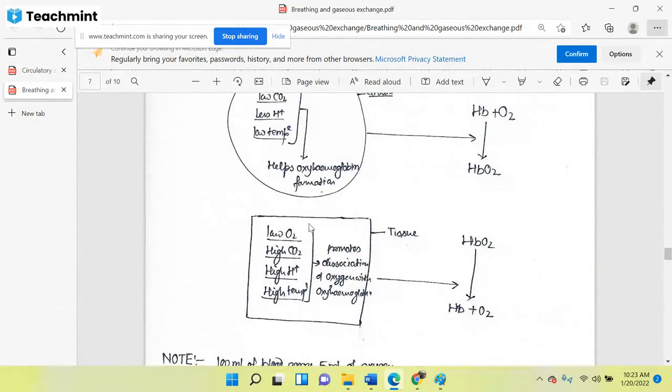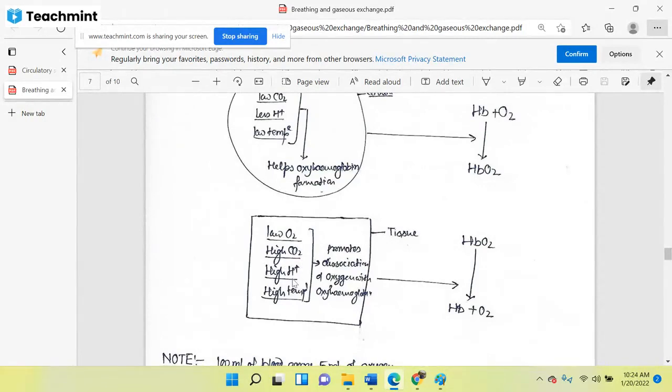So whatever oxygen is transported, by any of the ways, it will consume it, and after consumption obviously the concentration becomes low. And you know that after oxidation of food, during the formation of ATP, carbon dioxide is produced. It means obviously the partial pressure of carbon dioxide, or we can say the amount of carbon dioxide, will be high in tissue.